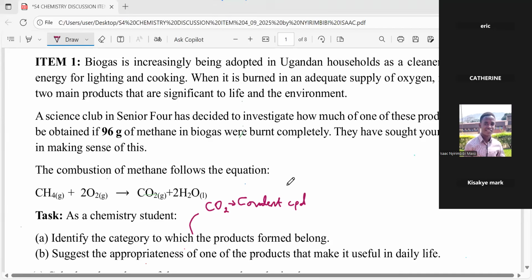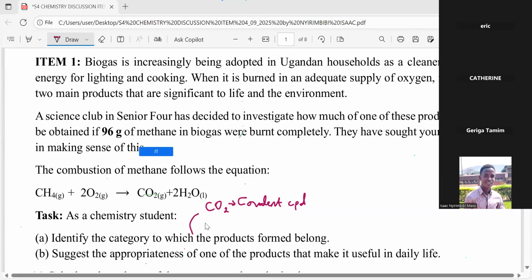Elik, also unmute and tell us. Yes, Elik. I was going to say the same thing. Both are covalent compounds. No, that is not the same. For him, he talked about only carbon dioxide. And now for you, you're saying what? Both of them. Both of them, what and what?